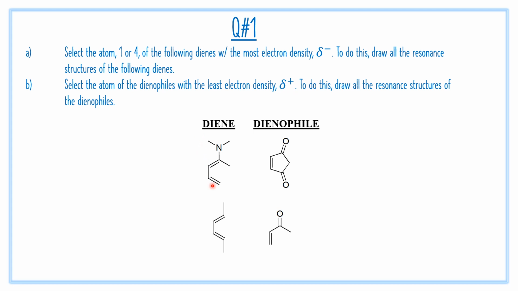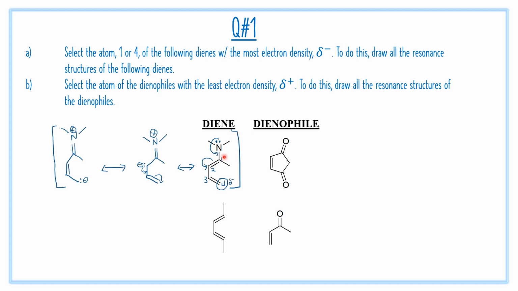So for the first diene you see here, do you notice where the allylic lone pair would be? Here, the lone pair is going to be on the nitrogen, and you will notice that this is an allylic lone pair resonance pattern in which this lone pair goes down to create a double bond, and this double bond breaks to create an electron lone pair on carbon number 2. This results in nitrogen having a positive charge and carbon number 2 having a negative charge.